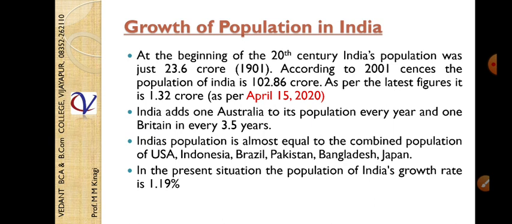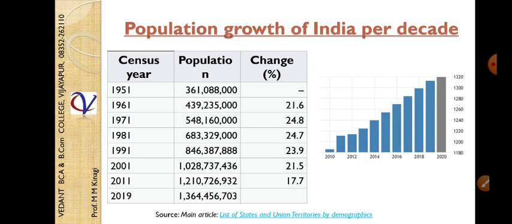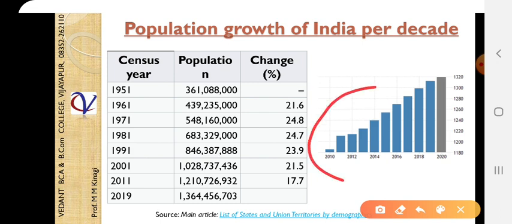This we have studied in the previous presentation, and now we are talking about the population growth of India per decade. Decades means the census, that is, every 10 years we analyze the population of our country. In the graph, every 2 years we are checking: in 2010 it is maybe around 118 crore, and in 2012 it is 122 crores.